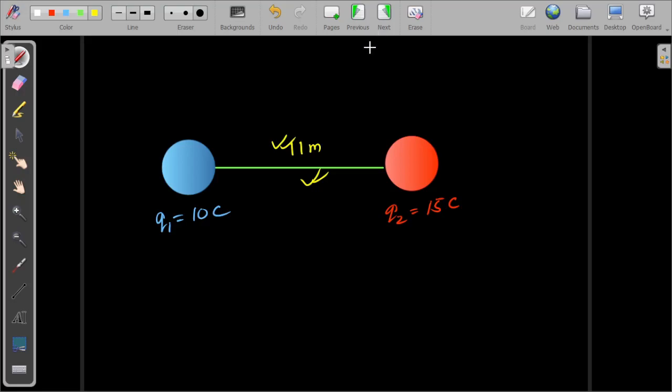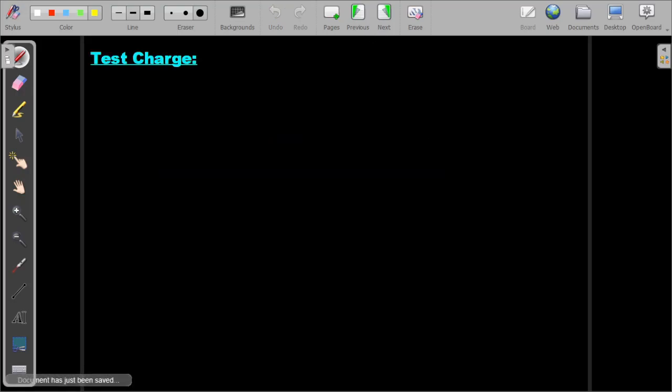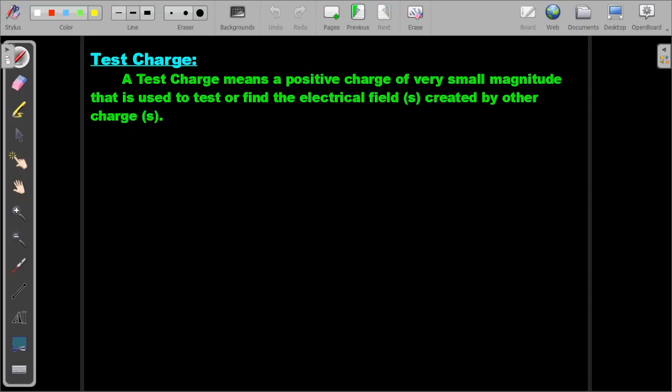Next, test charge. What is a test charge? A test charge is a positive charge of very small magnitude which is used to test or find electrical fields created by other charges. This is a positive charge, and its value should always be very small, irrespective of the distance considered with it. Its value must be very small. Understood?